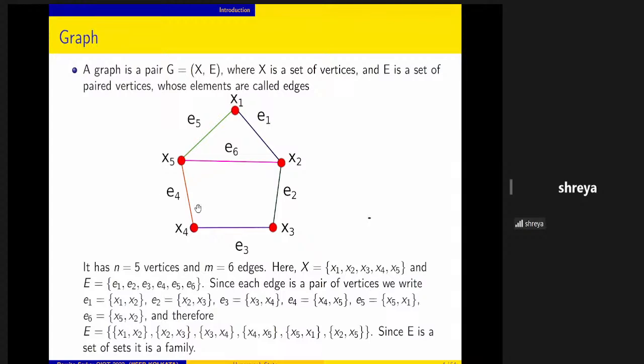Here e1 itself is a set of 2 vertices, like x1, x2, and e2 consists of x2, x3, and so on. E consists of sets, that is why it is called a family.